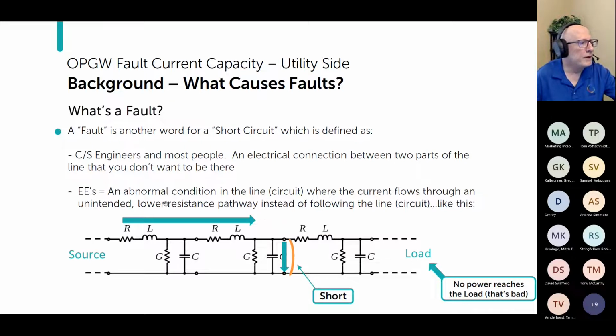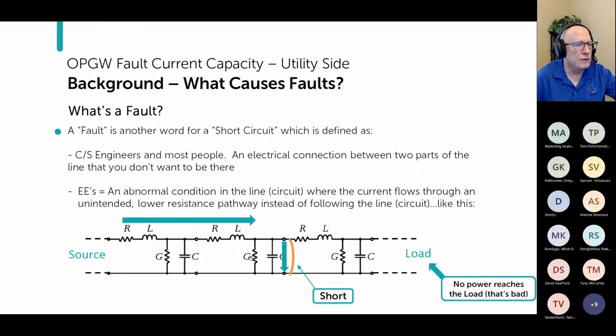To an electrical engineer, the definition is a little bit more: an abnormal condition in the line or a circuit where the current flows through an unintended lower resistance pathway instead of following the line or the circuit. And so that looks something like this.